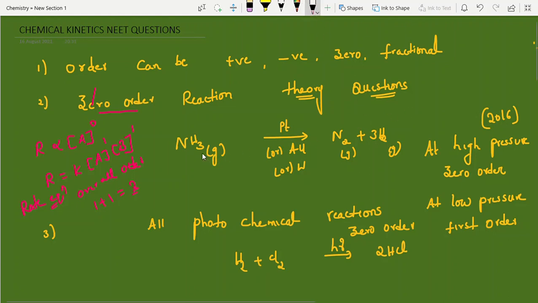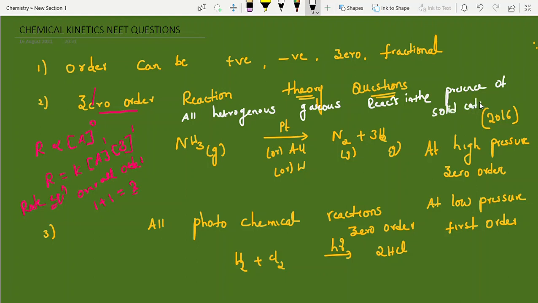All heterogeneous gaseous reactions in the presence of solid catalyst are examples of zero order reaction.